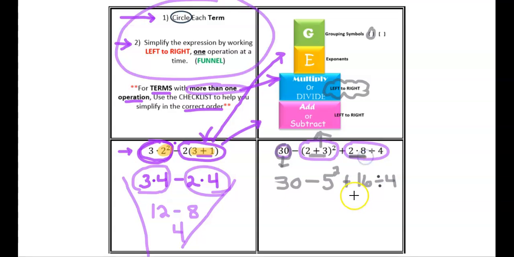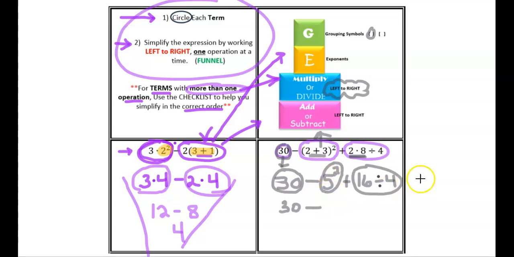I've just done the 2 times 8. Okay, so now we're going to come down and we have this as a number. This term is not simplified yet. We have to keep going on that, and this term is not simplified yet. So we can't do our subtraction and addition yet until we turn these into single numbers. All right, so 30 is still 30. Hasn't changed. We haven't used it yet.